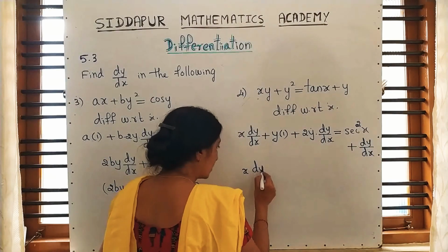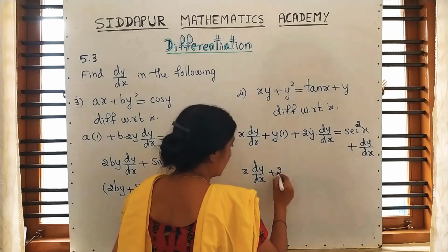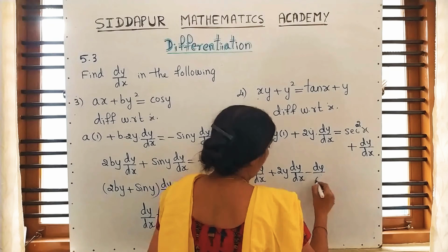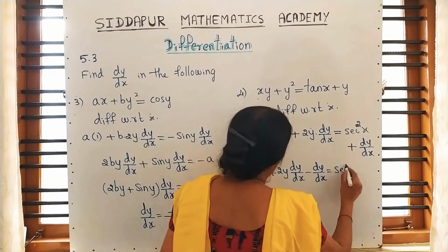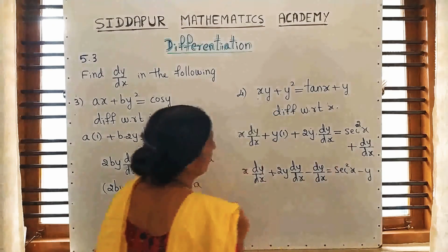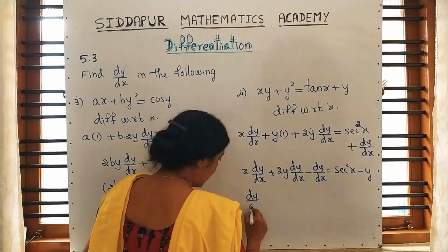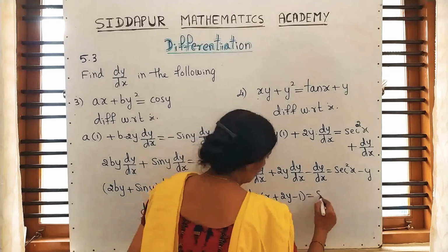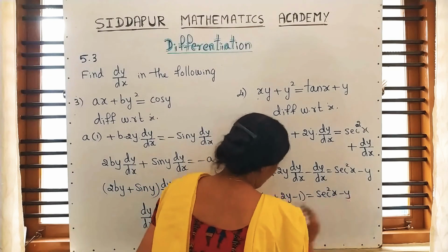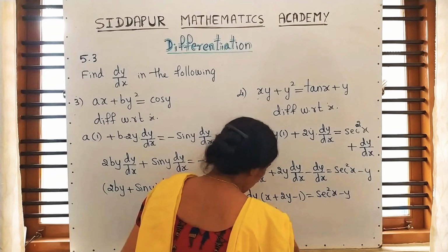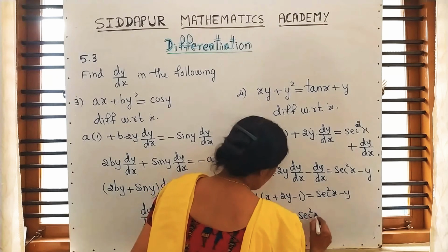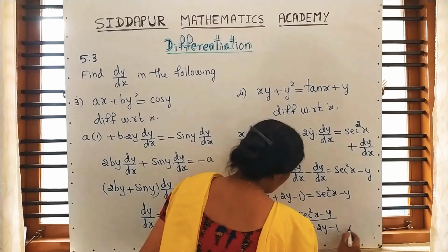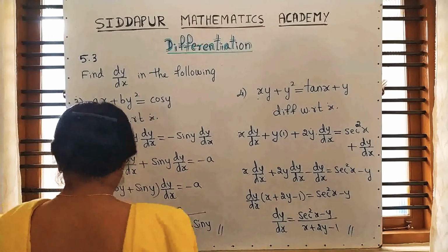Keep the term with dy upon dx on the left side as it is, and the remaining terms on the right side, the terms without dy upon dx. Here dy upon dx is common. Then what is dy upon dx? This is the answer. Now you are feeling very simple or what?